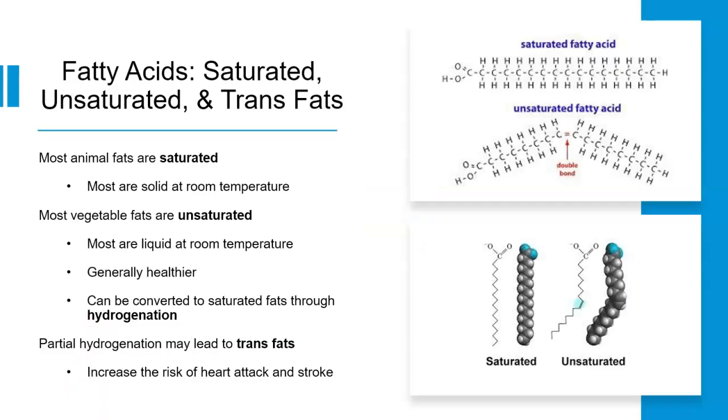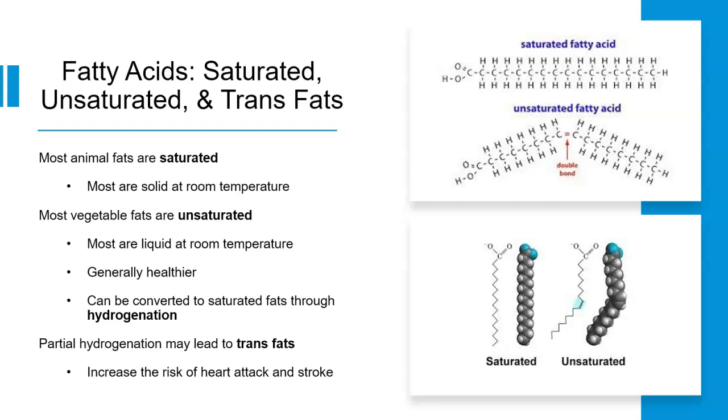I'm sure you've all heard these terms before: saturated, unsaturated, monounsaturated, trans fats. All of this is referring to the chemical structure of these lipids. So most animal fats are what we call saturated. Most vegetable fats are usually, with a couple of exceptions, unsaturated.